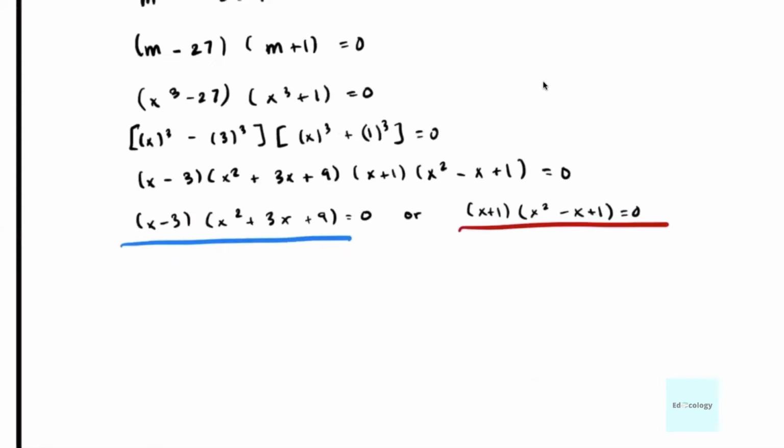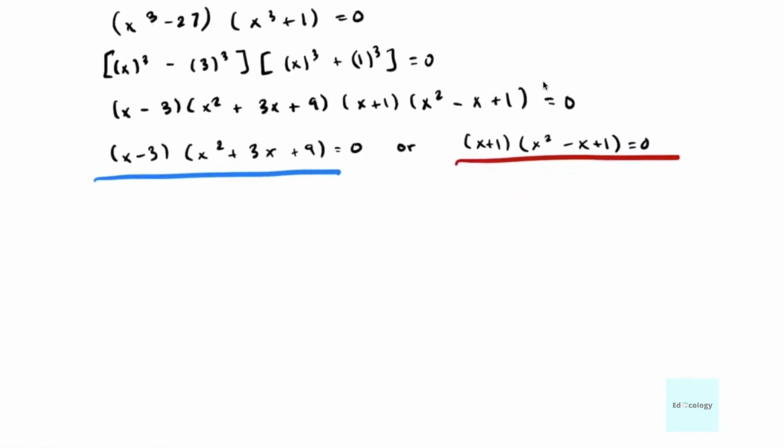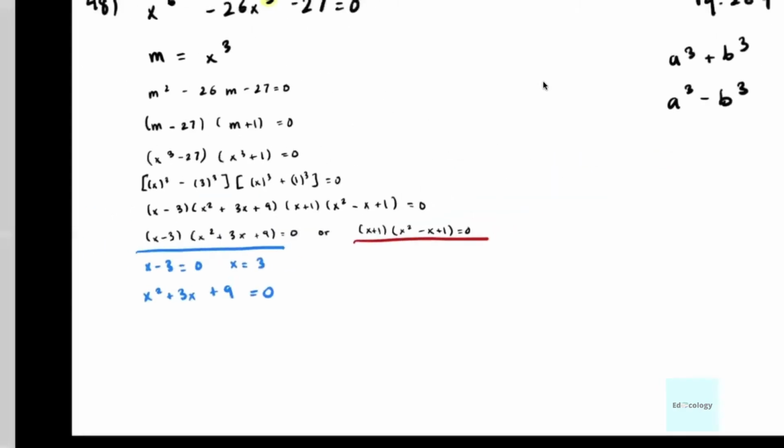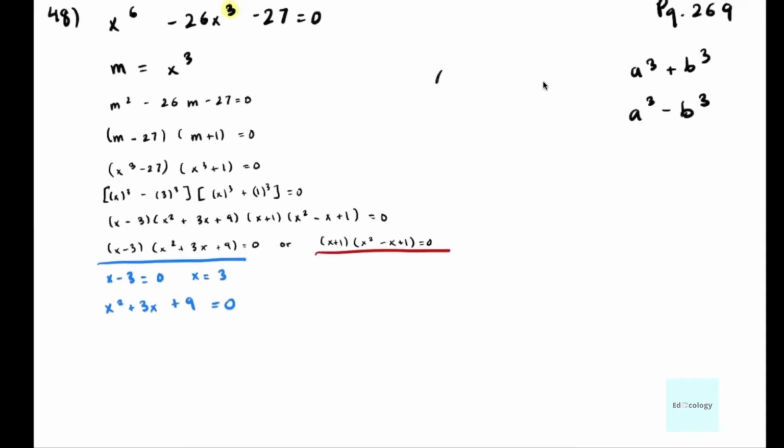Okay, so in this equation, we have to first write each equal to 0, and this will be x equals 3, and the second one equal to 0. And we will use the quadratic formula to be able to solve this. Let me write the quadratic formula up there. It is negative b plus or minus the square root of b squared minus 4ac, over 2a.